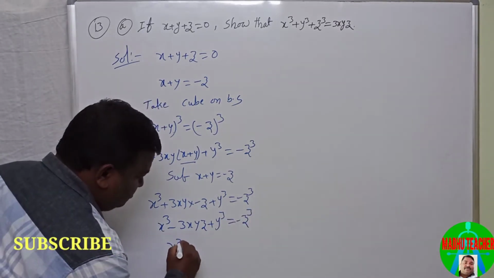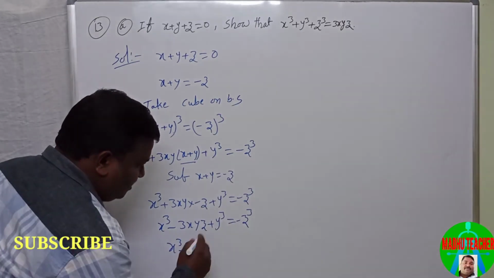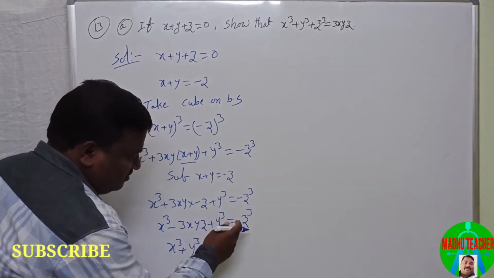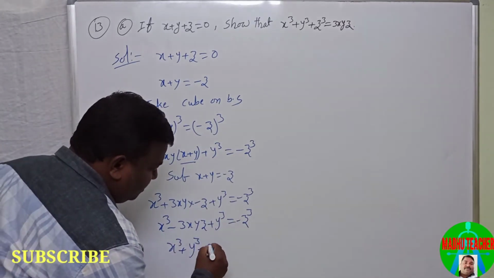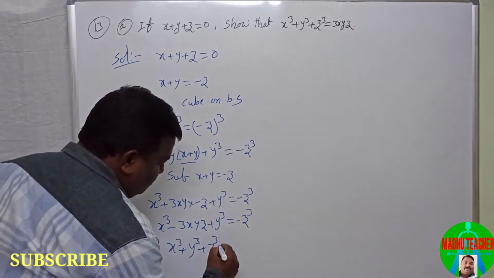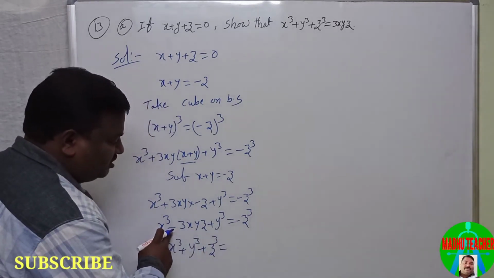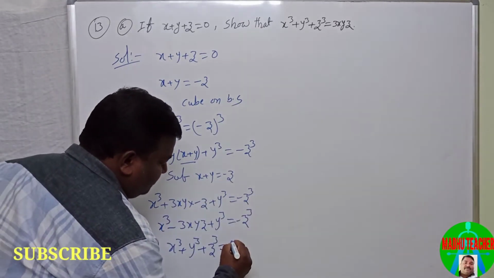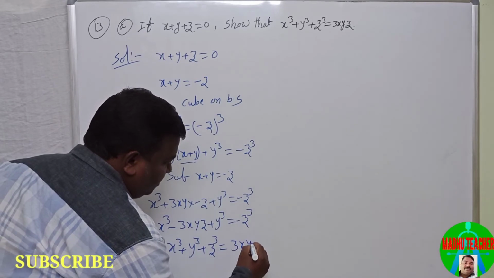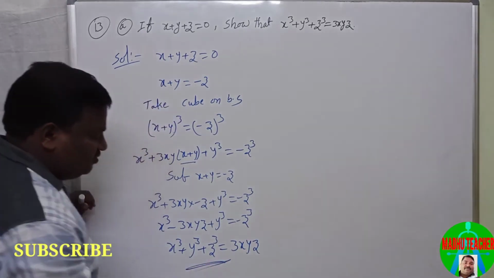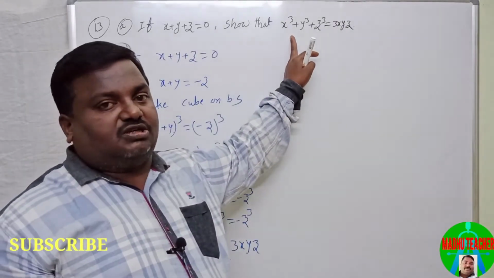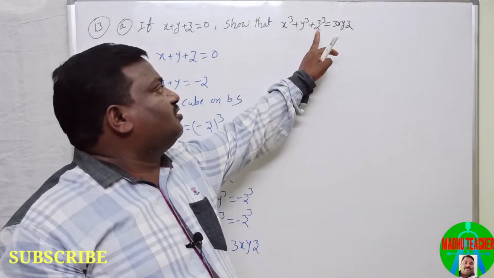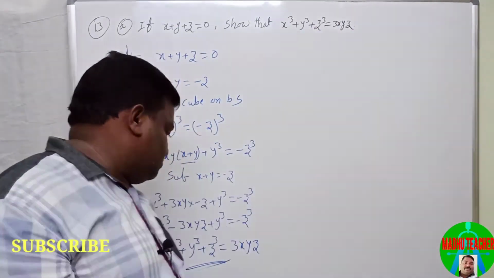So x cube plus y cube, then taking minus z cube to the left side, it will become plus z cube, equal to, transposing this minus 3xyz to the right side, it will become plus 3xyz. So this is x cube plus y cube plus z cube equal to 3xyz. This only is asked in the question.